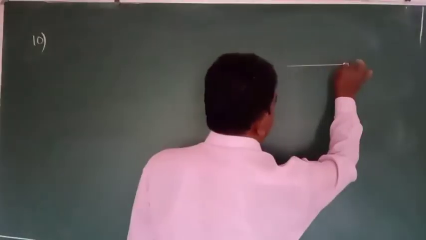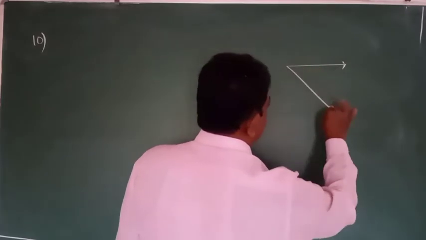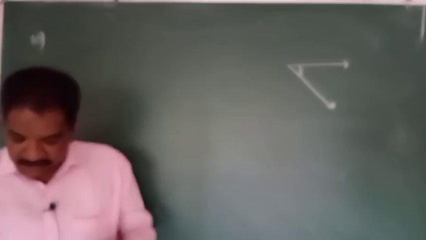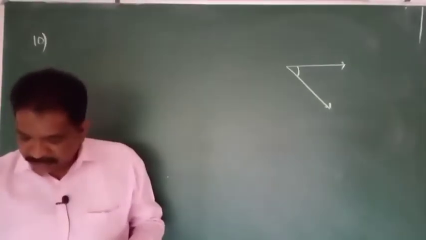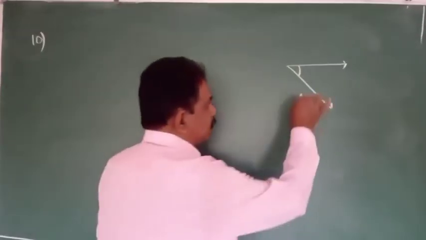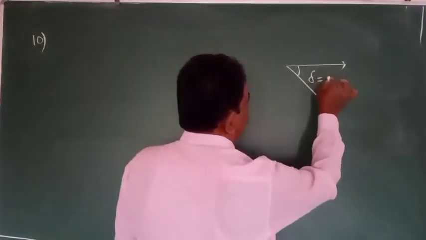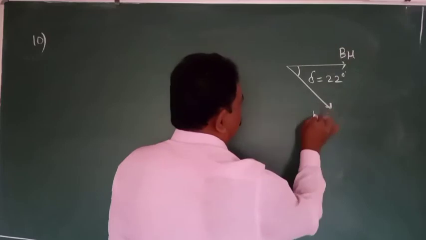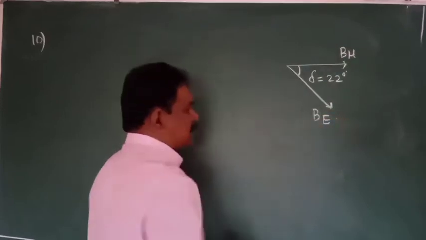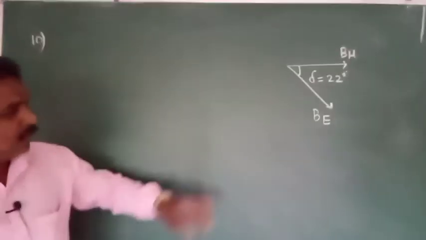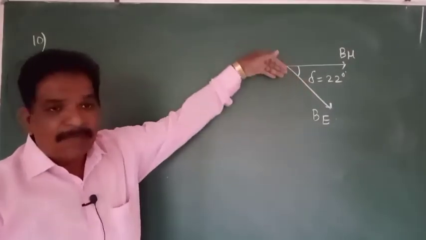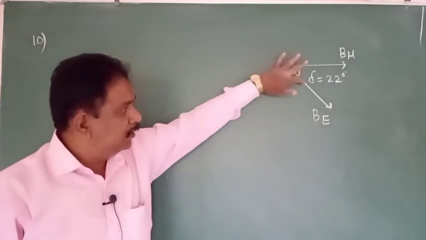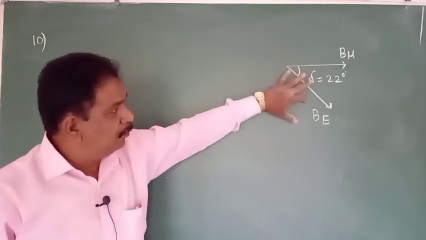This is horizontal. This tip, the magnetic needle tip, how much angle is it making? 22 degrees. This is nothing but magnetic dip. This is BH actually. This is BE, Earth's magnetic field. So this magnetic needle will always be along the magnetic field direction, Earth's magnetic field, so BE.